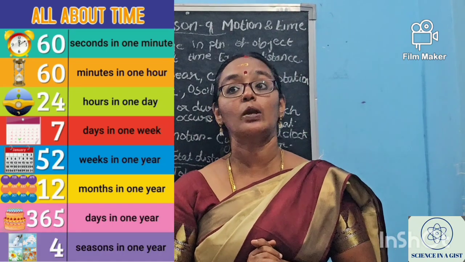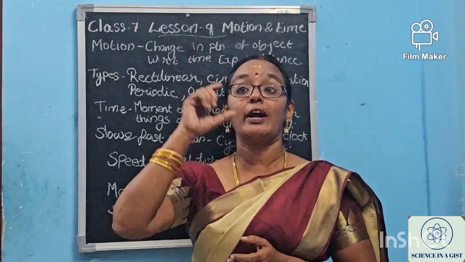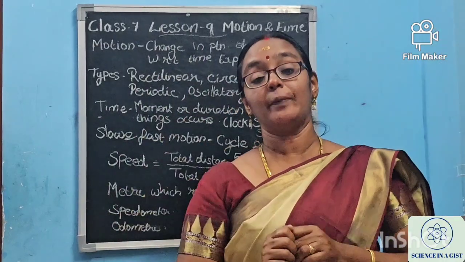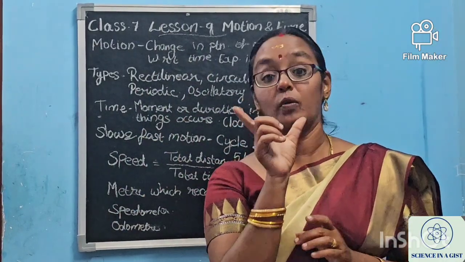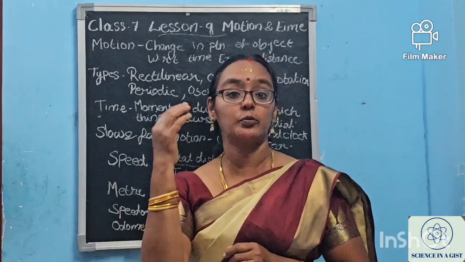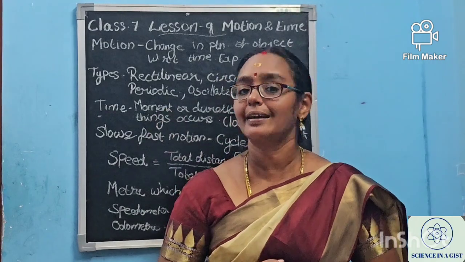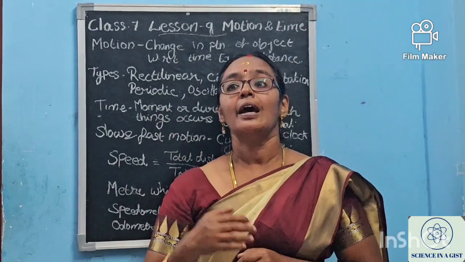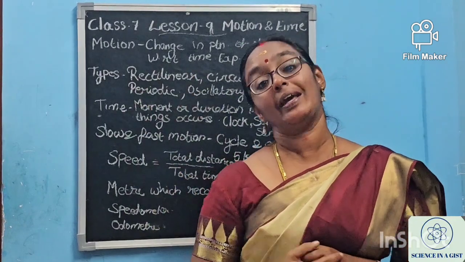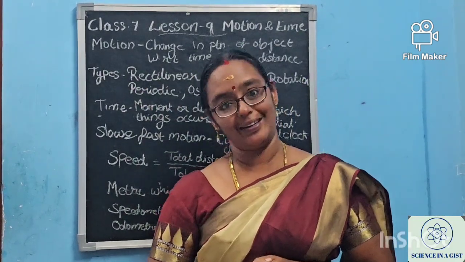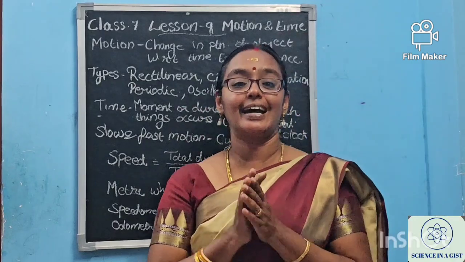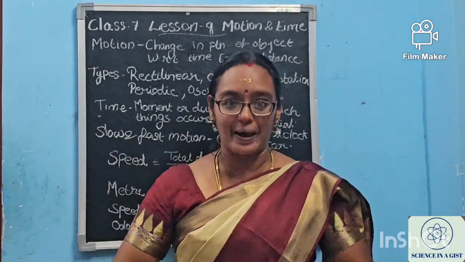And how did they calculate the month, you know? From one full moon day to the next full moon day, they calculated as 1 month. Okay, it was the ancient method. How many months are there in a year? 12 months, as you told. Or 365 days make 1 year. Like that the time is expanding, isn't it?